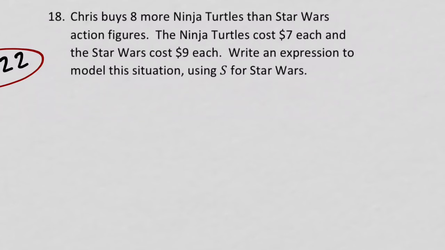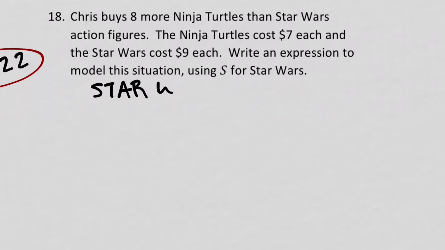Okay, 18. Chris buys 8 more Ninja Turtles than Star Wars action figures. The Ninja Turtles cost $7 each, and the Star Wars cost $9 each. Write an expression to model this situation using S for Star Wars. Okay, so they already told me that Star Wars is S, action figures, right?